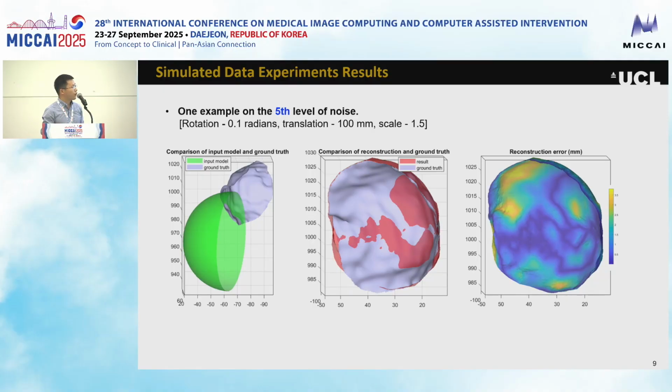And the right figure shows the error distribution. We can see most of the regions are reconstructed with a very low error, around 1 millimeter to 2 millimeters. Although some regions are yellow, with an error around 3 millimeters, this has less influence on the cup estimation.